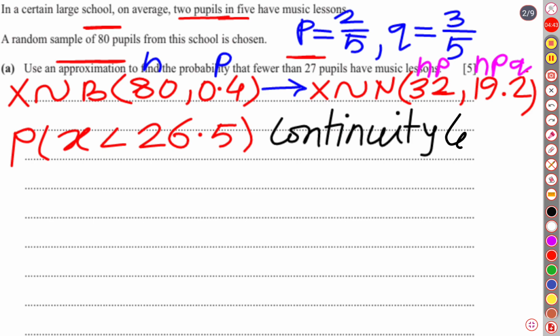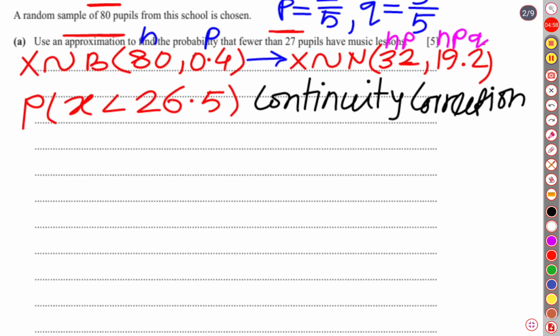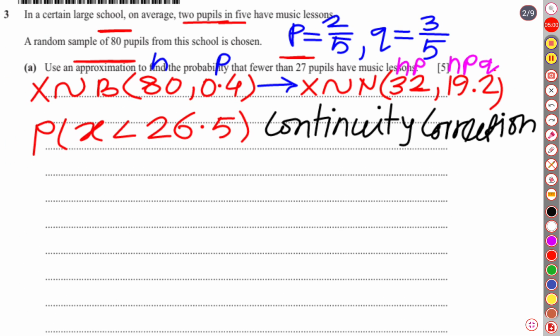Continuity correction means that the question is given in binomial distribution, whereas we are converting it into normal distribution. Binomial distribution is applicable for a discrete random variable, whereas normal distribution is applicable for a continuous random variable.